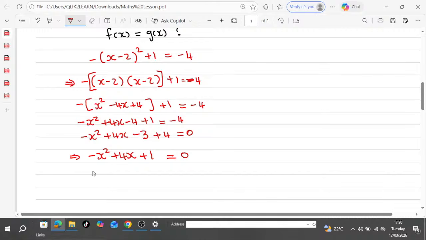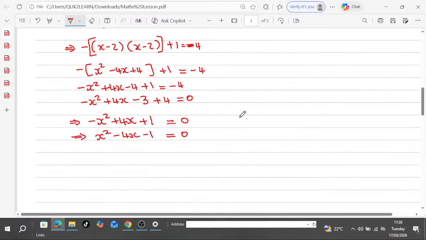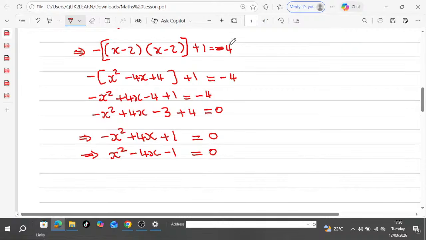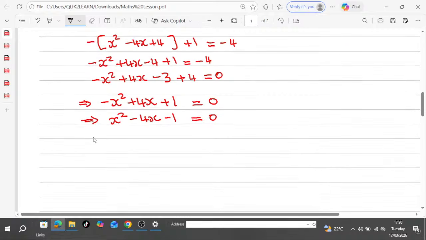Now we need to divide everything by negative so that we have x squared minus 4x minus 1 equals 0. But when we factorize this, I think everyone can see that there's no way we can find the factors of this. So the best way to do this is to use the quadratic formula.